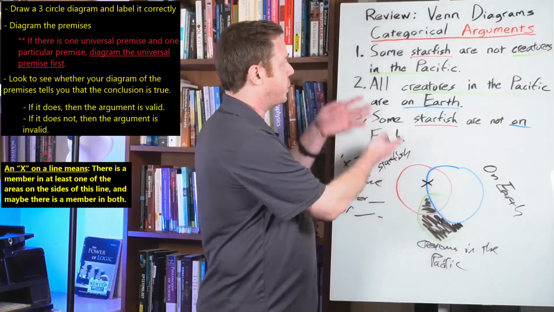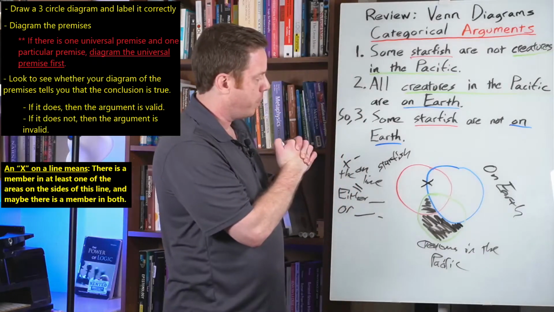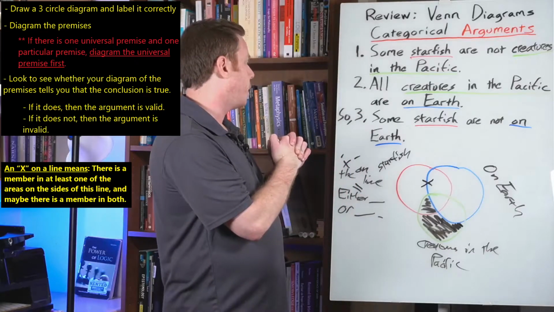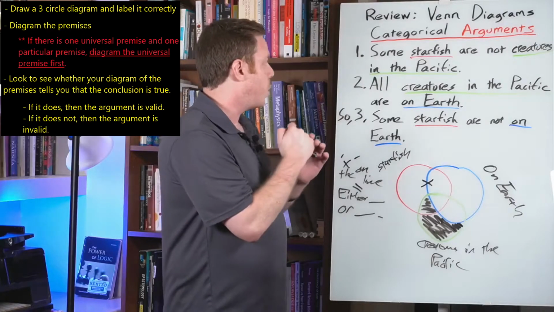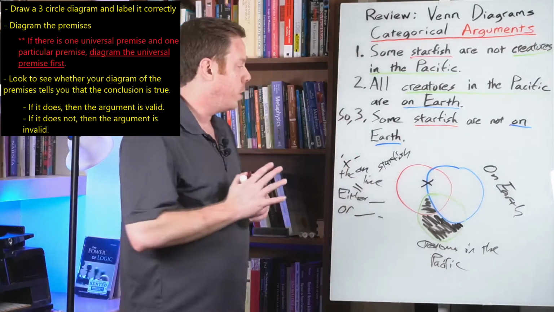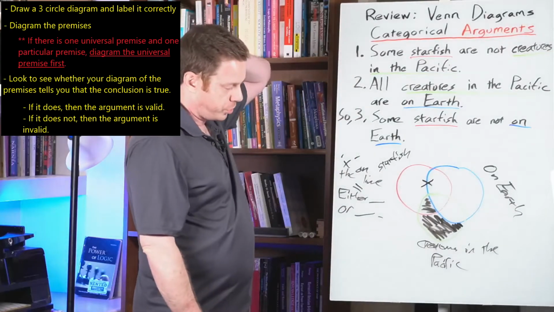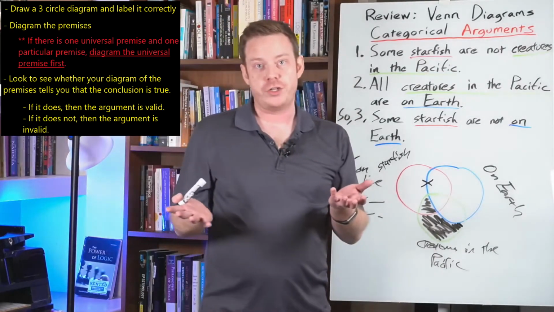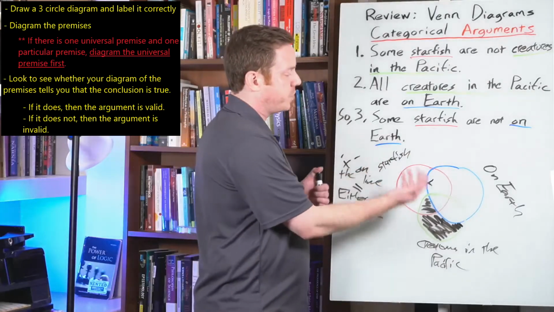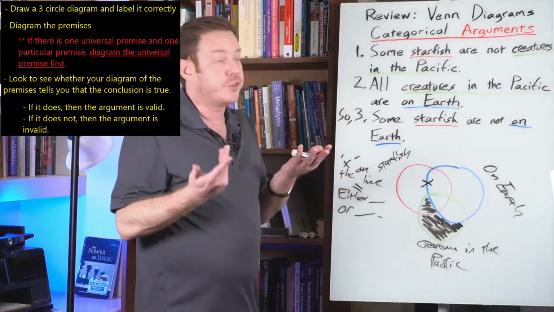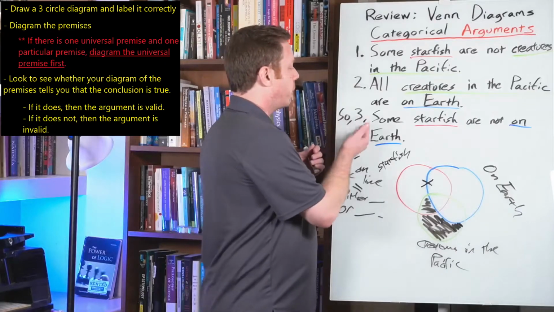It's supposed to be a picture of our premises. So, good. With that new rule, always diagram universals before particulars, we can now move on to seeing if our diagram of the premises tells us that our conclusion is true.